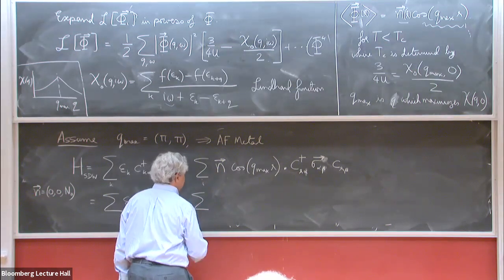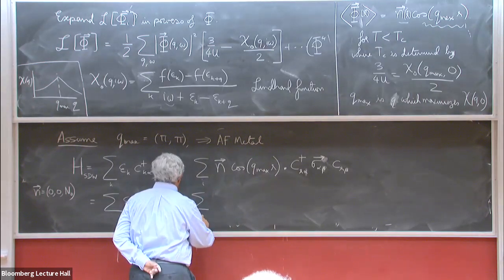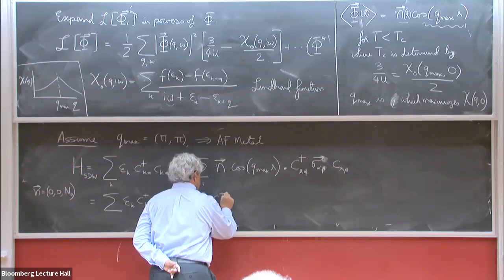And this thing is simpler for this case. Otherwise, this becomes a very complicated mess in general for a general Q. But you can write this as something like C dagger N naught.